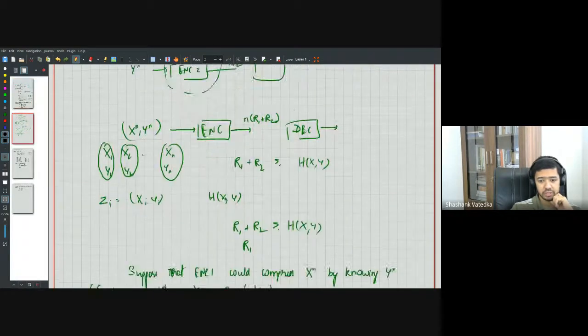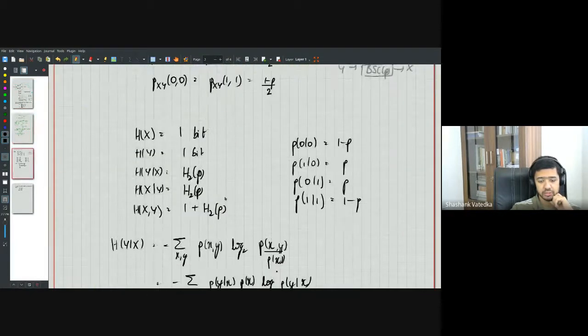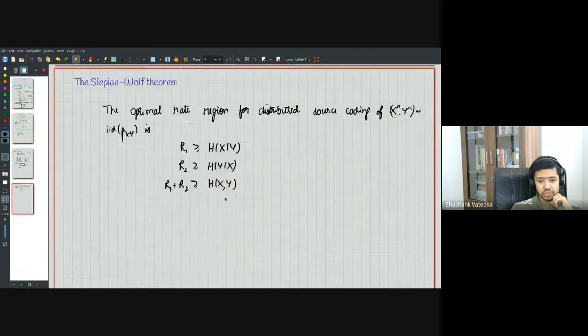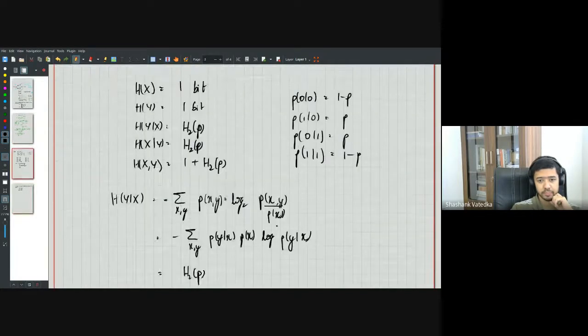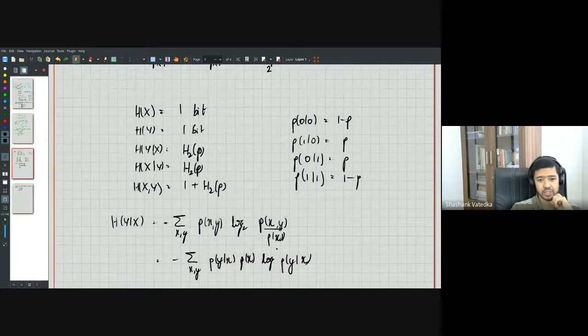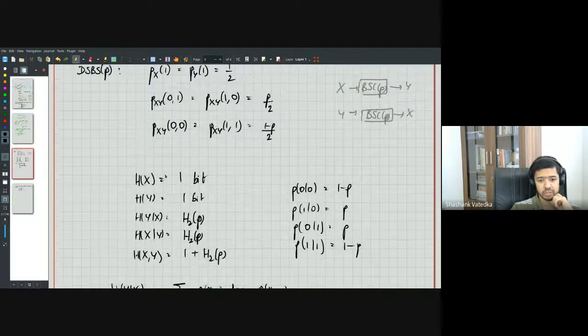So any point in the gray region is achievable. In particular, if p is very, very small, then h of y given x and h of x given y are also very, very small. But no matter how small p is, h of x and h of y are still 1 bit. So if you had to encode and decode xn and yn independently, then really no compression is possible.